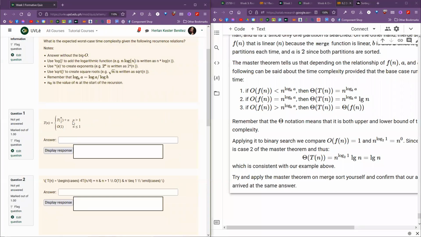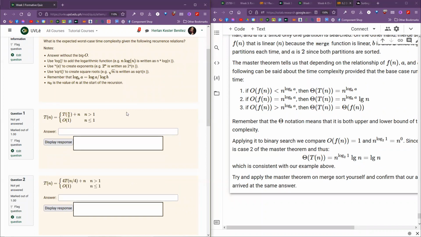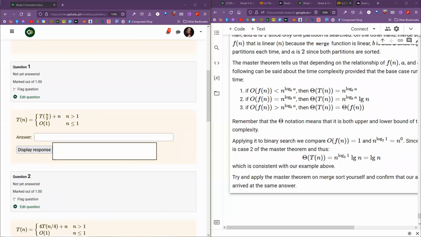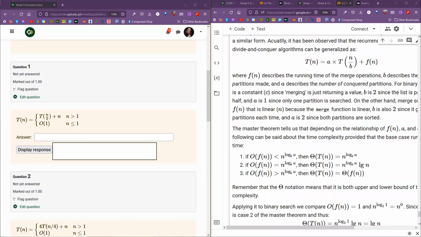So this one, for the first example, we actually have a same form. Wherein yung A natin equals 1, yung B natin equals 2, and then ang f of n is equal to n.